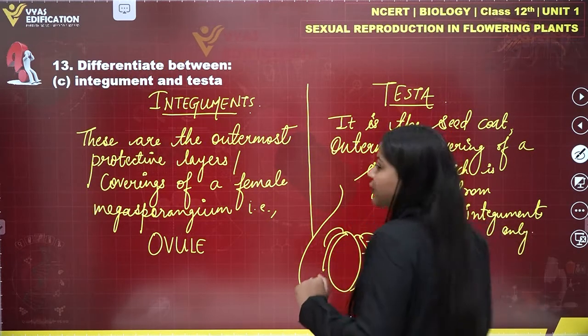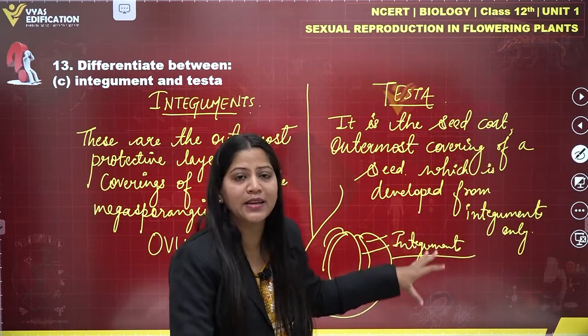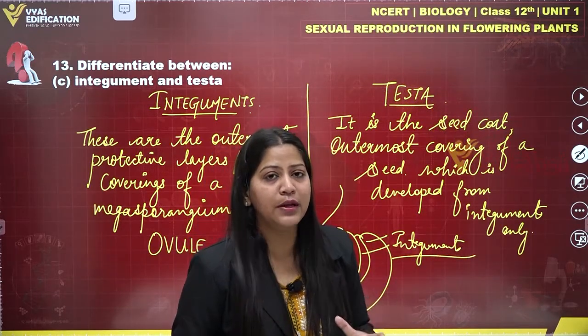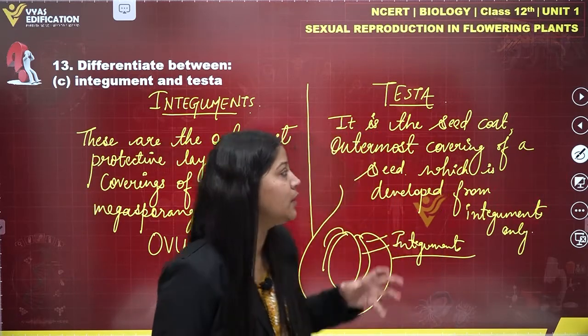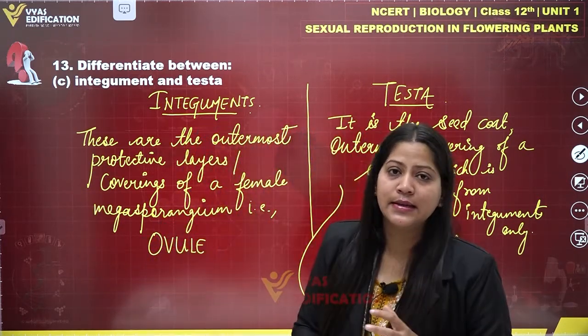After fertilization, the integuments convert into testa, which is the protective, hard covering, the seed coat. So this is the basic difference between integuments and testa.